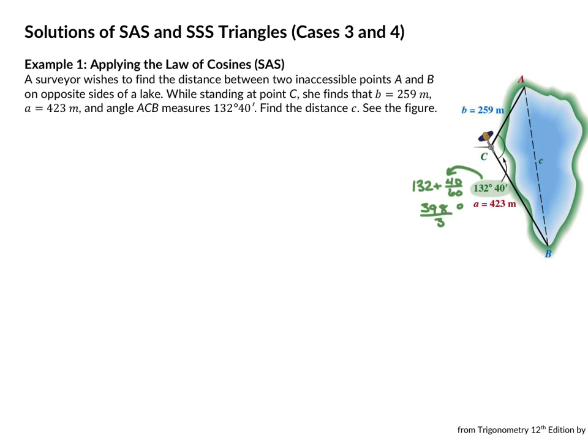So the one that we're going to use is c squared equals a squared plus b squared minus double those two sides, a and b, times the cosine of the included angle, which is big C. Now, just like with the law of sines, especially with this one, because there's a lot of letters floating around here, I recommend deriving the formula first, or solving for exactly what you're looking for, before you plug numbers in. This way is really easy.